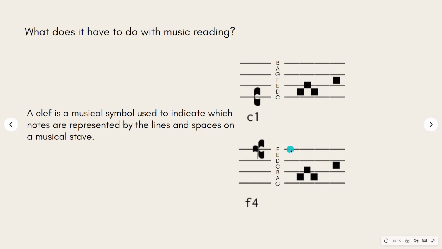If this is your Fa, below that line will be your Mi, below the space will be your Re, below this line will be your Do, below this space is your Ti, below this line is your La, and below this space is your Sol. So if you read the notes here, the pitches of these notes are the following: La, Ti, La, and then Do.